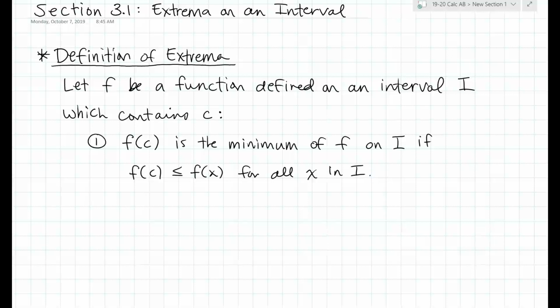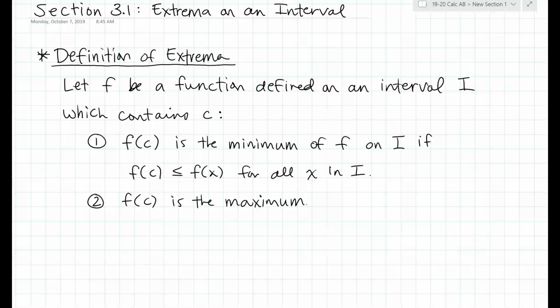I'll explain those two things. Let me just write them down for you guys. Number 2 says f of C is the maximum. Actually, it would be maximum, because they're not saying anything about anything bigger.